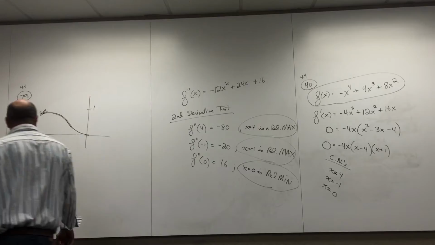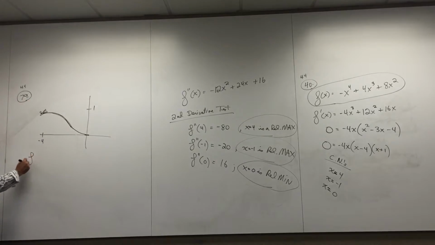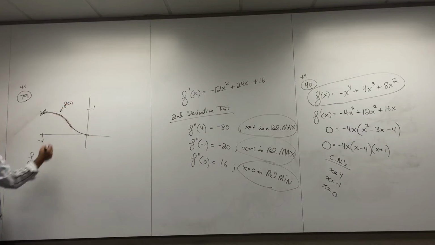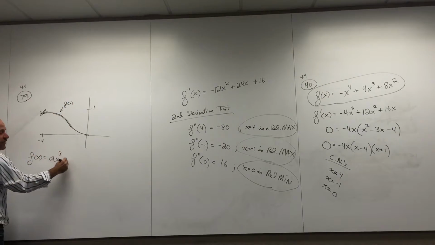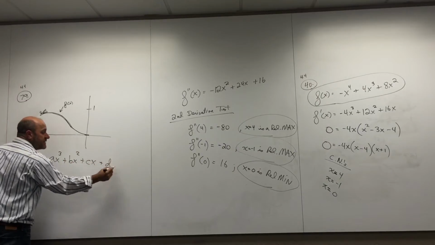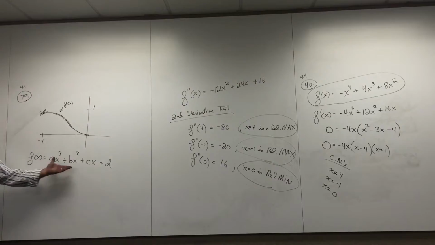They want me to find the cubic function, f of x, and here's what a cubic function is: ax cubed plus bx squared plus cx plus d. Oh my God, they want me to find this. And to find this means find a, b, c, and d. Wow, that's a good problem.